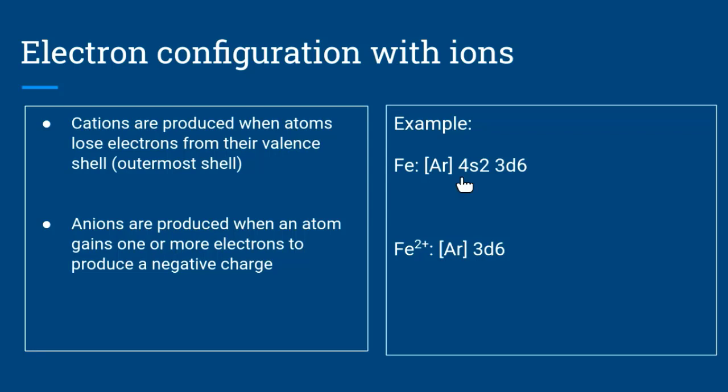Even though the 3d orbital comes after 4s, this is the third shell, this is the fourth shell. So the fourth shell is still the outermost shell.